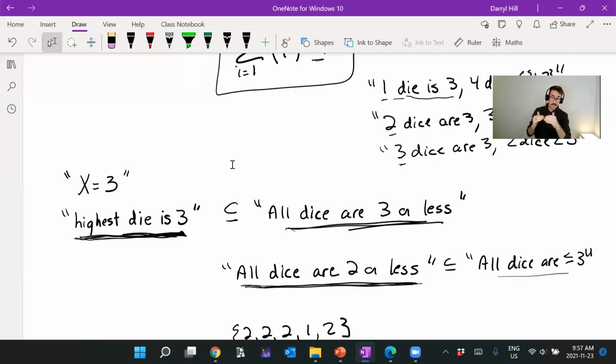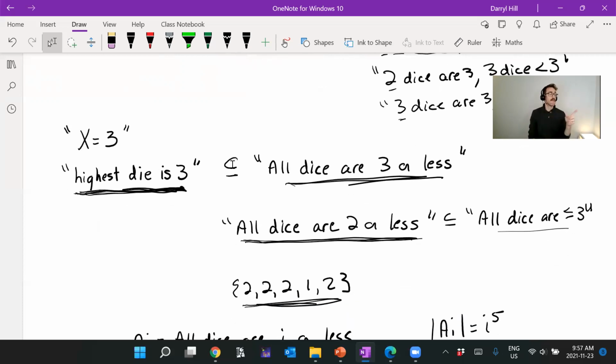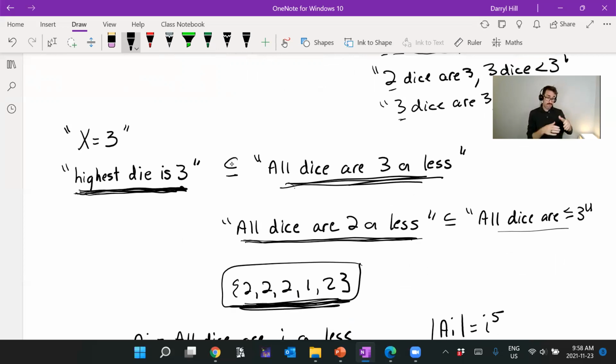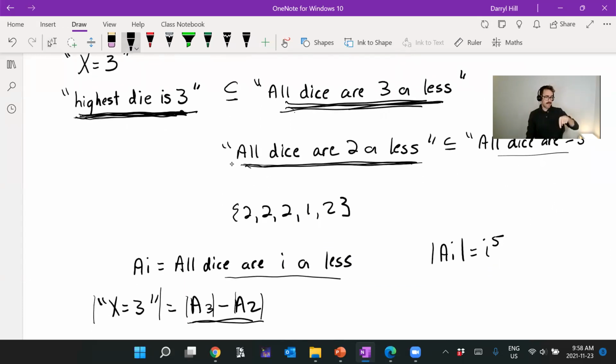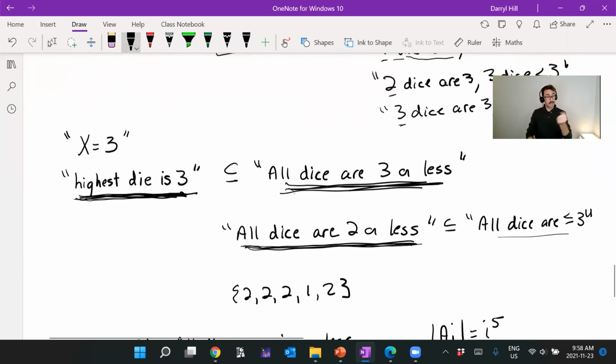Well, all dice are 3 or less includes this guy, right? But this set does not include this one. Oh, okay. So this set includes this set plus all dice are 2 or less. Oh, okay. Yes. Okay, I understand now. Thank you. Yeah, no problem.